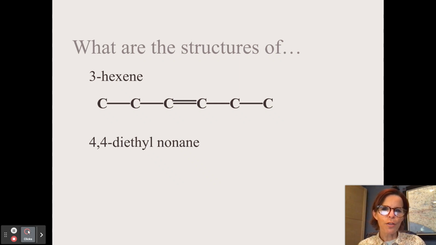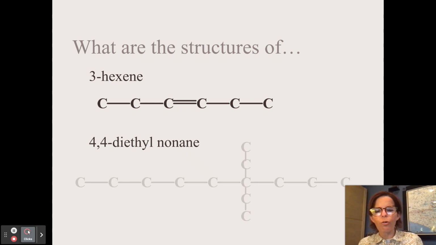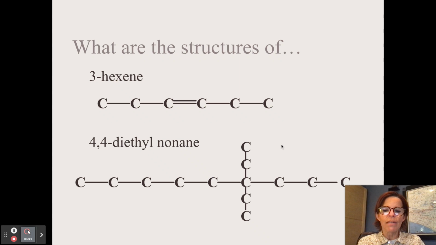And from the 4th carbon, what? 4, 4. Oh, that means there's one going up and there's one going down, and they're on the 4th carbon. Look at that. Notice that this one is drawn flipped.